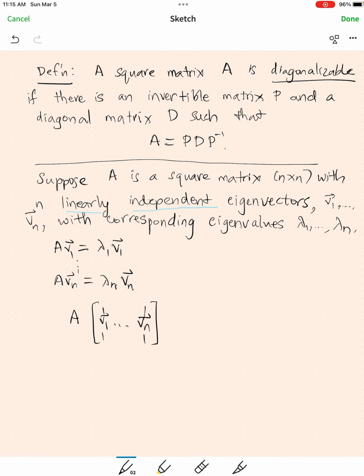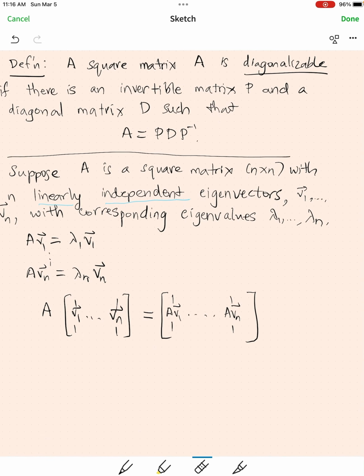So if you have A times this matrix, by definition of matrix multiplication, what's the first column going to be? The first column of this matrix is A times V1. And so on, the last column is going to be A times Vn. Right? That's the definition of matrix multiplication.